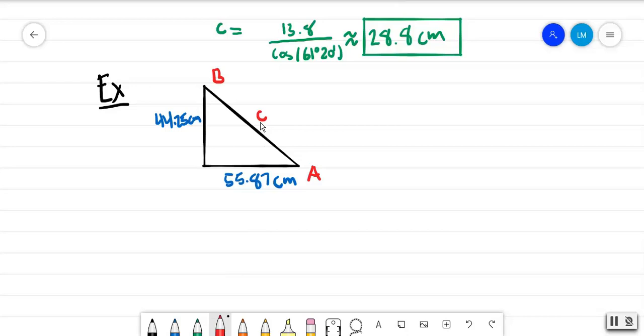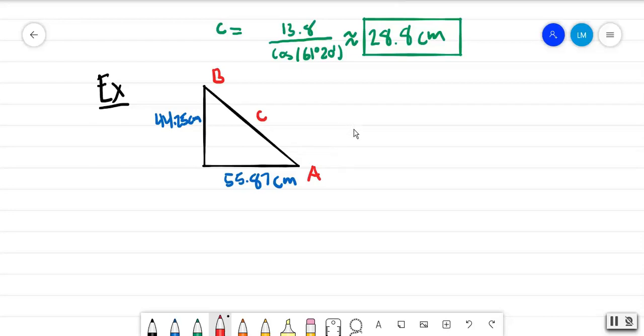We can probably figure this out, but we need to know the angle. If we know the two sides, we're going to use either tangent or cotangent, but it doesn't matter.